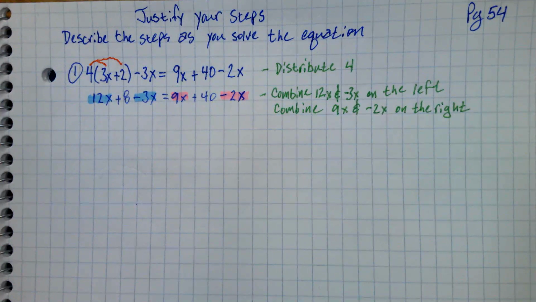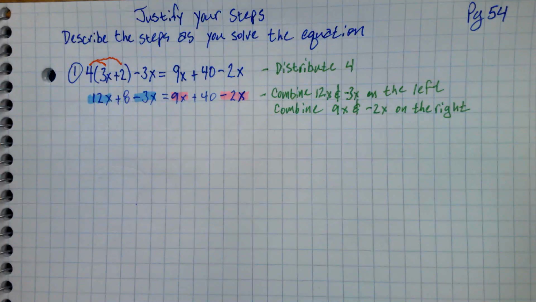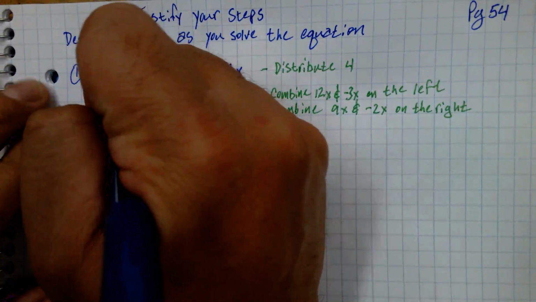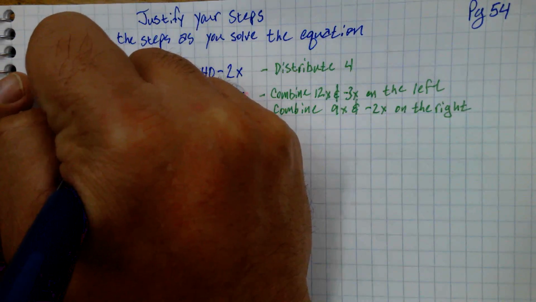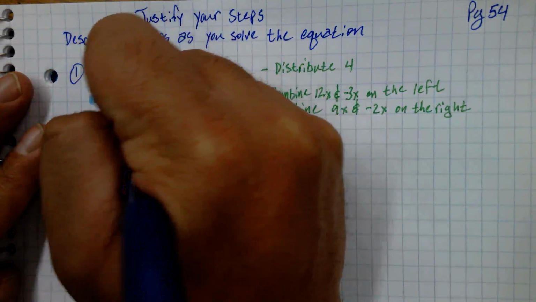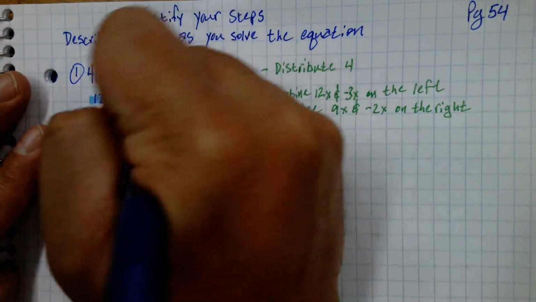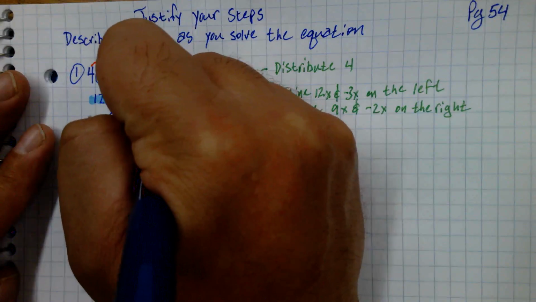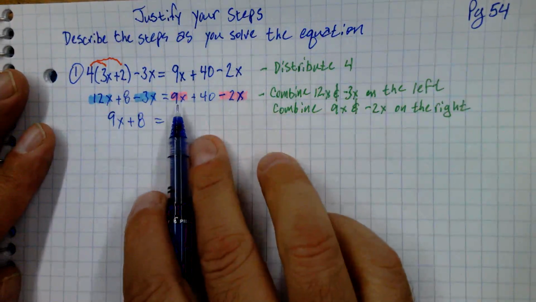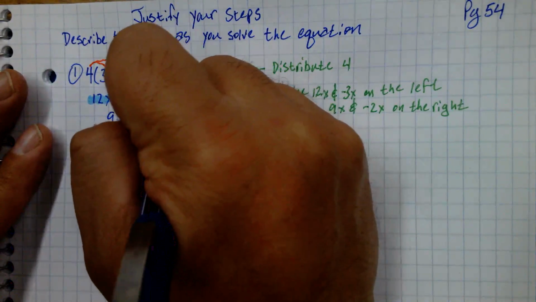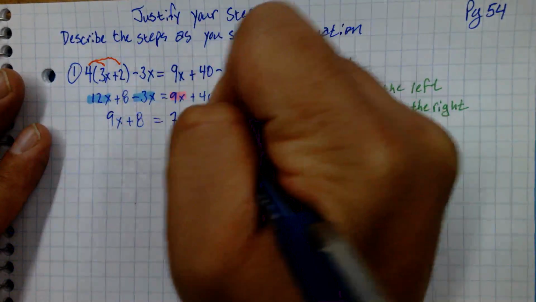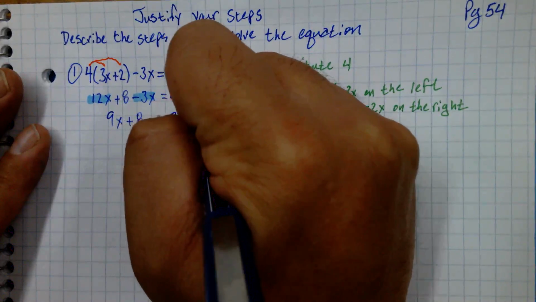So let's see here. If we've got 12 take away 3, that's what, 9x plus 8 equals 9 take away 2 is 7x plus 40.